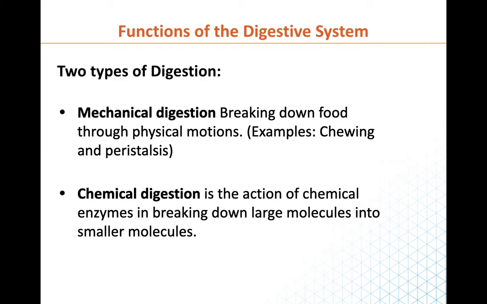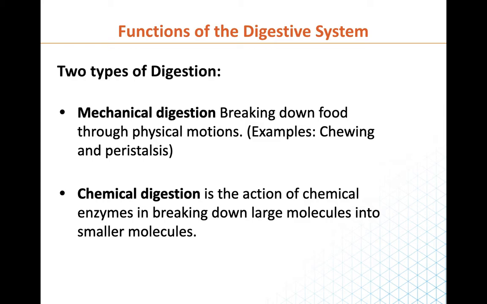The second type of digestion is chemical digestion. Now, this isn't one where you are actually breaking down food physically. It's basically when you use enzymes, which are little machines that help to break down food into smaller and smaller pieces. So basically, you have to start with mechanical digestion to make your food into small pieces, and then the chemical digestion using enzymes will break them down into the smallest pieces that they can be.